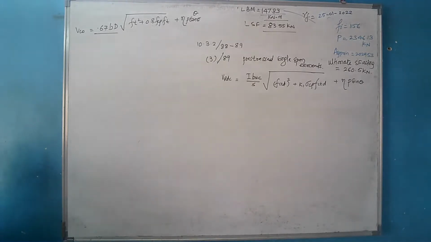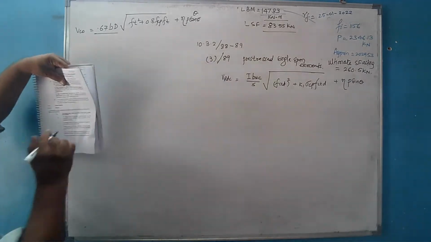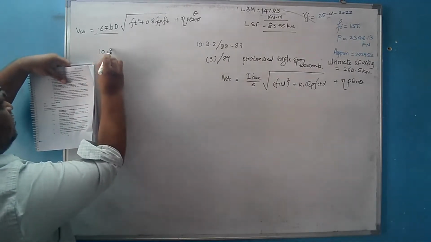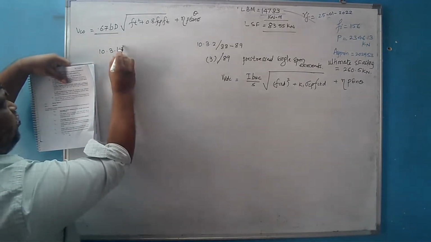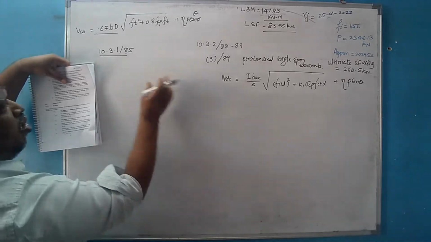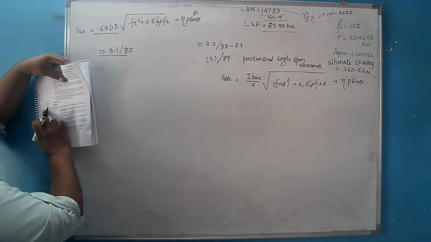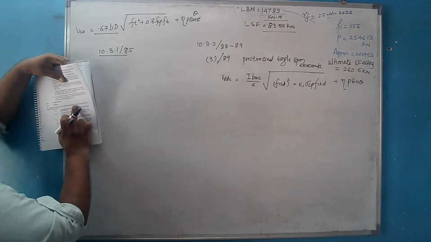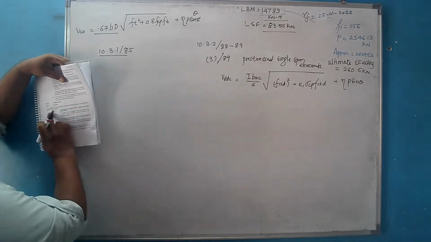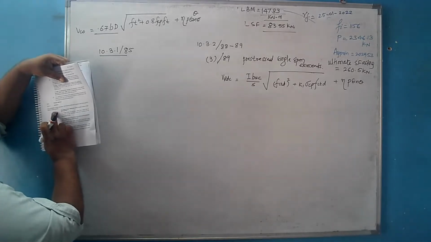So as to know the definition for that VRd,c, you need to refer here to page number 85. See here, it is 10.3.1 on page number 85. All these notations are defined. Design method for verification of shear resistance, the following additional notations over those given in section 3 are required.